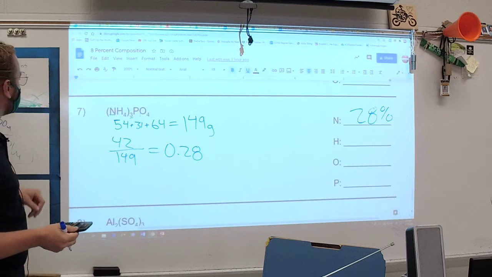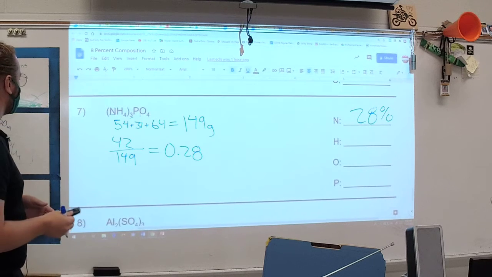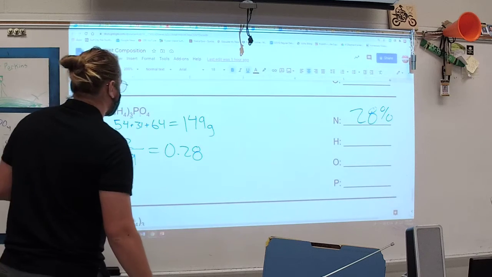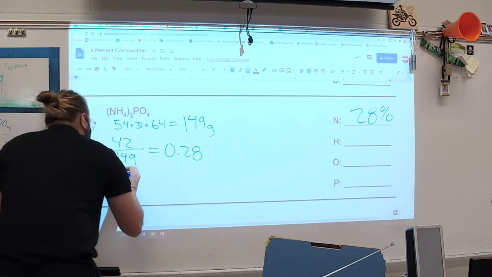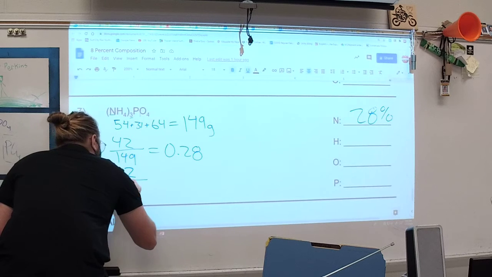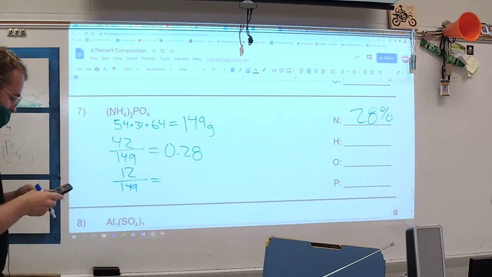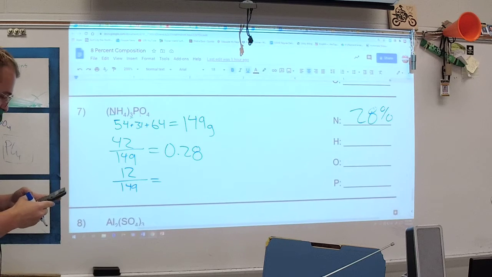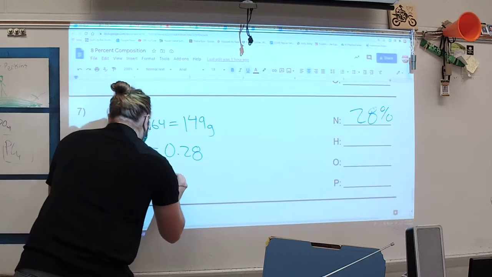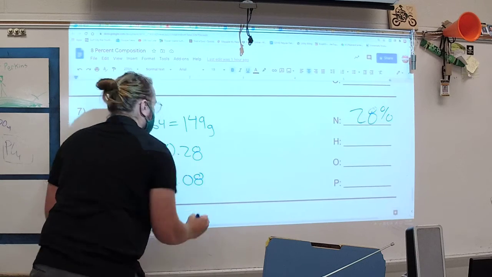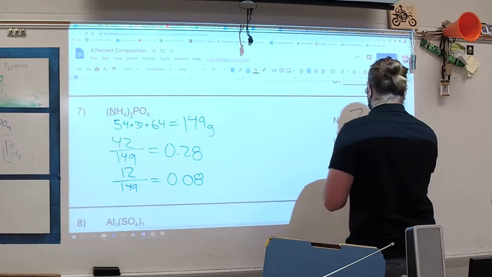Let's see, how many hydrogens do we have? We have 3 pairs of 4, which means we have 12 hydrogens. 12 hydrogens weighs 12 grams. Let's just do 12 over 149. And that gives us 0.08, which is just 8%.